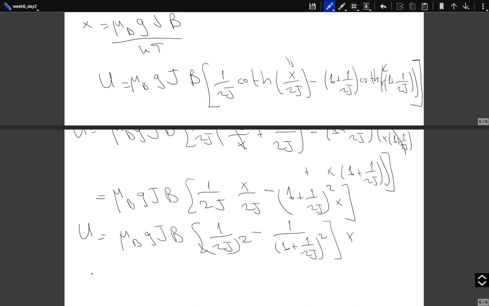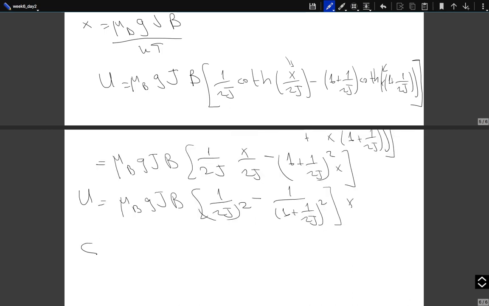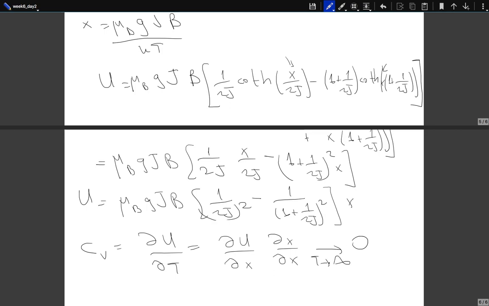This is u. If you write down the specific heat, which was du by dt, this is du by dx multiplied with dx by dt, it goes to 0 as T goes to infinity. Well, du by dx is just a constant, but dx by dt is proportional to x over t, which goes to 0.